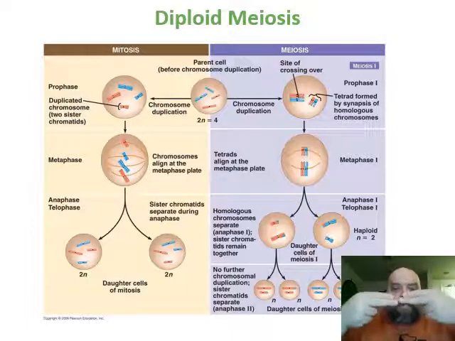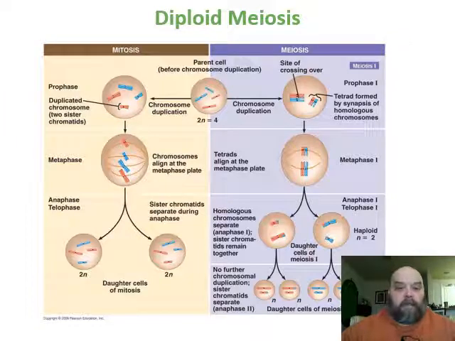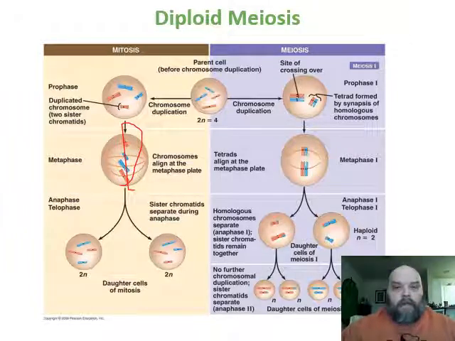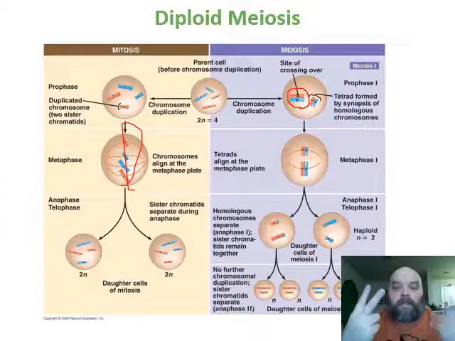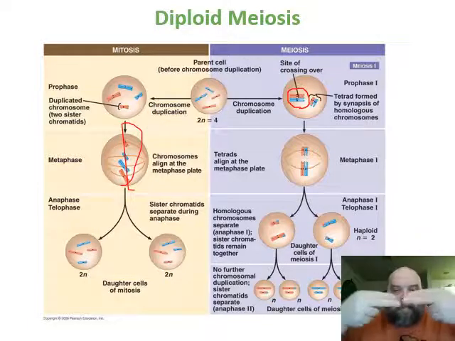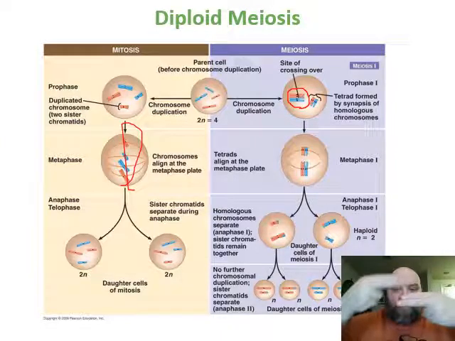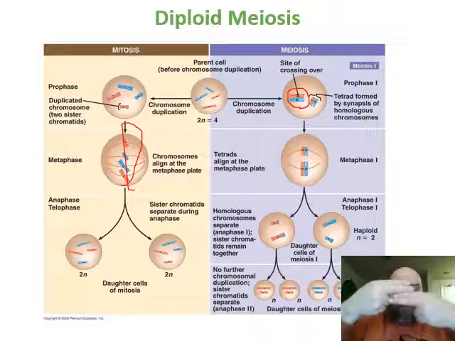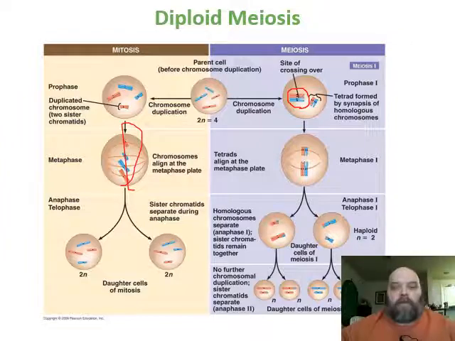They would line up together and form the metaphase plate, as you see right here. The difference over here is this right there. The 2 sisters and the 2 sisters still get made during S phase, but instead of lining up like this, as they did in mitosis, they're going to be joined like this, 4 across. They refer to that as the tetrad.